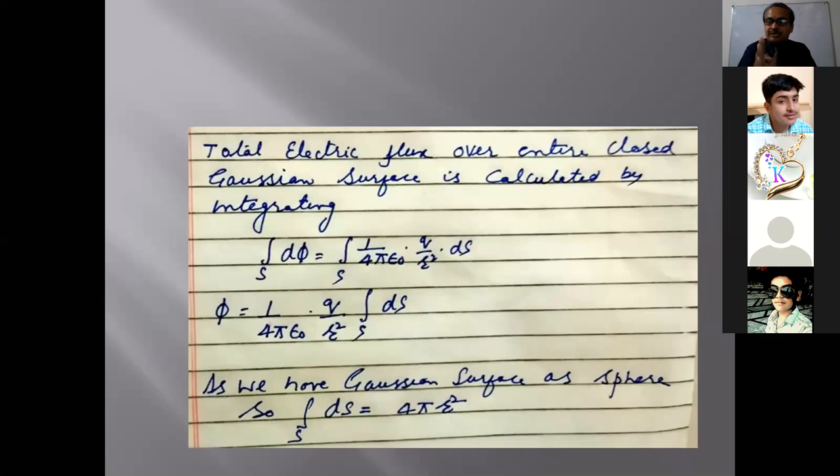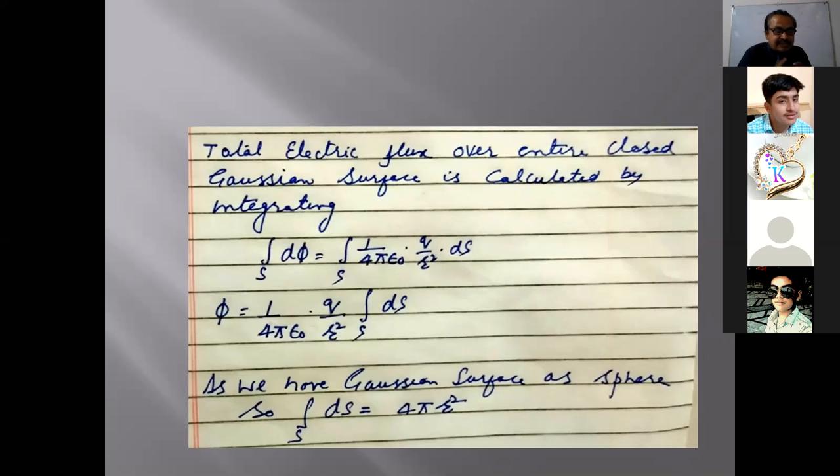Now everybody knows that 1 over 4 pi epsilon naught q by r square is a constant term. So it will come out of the integration. And what is left? Surface integral of ds. ds means the Gaussian surface.